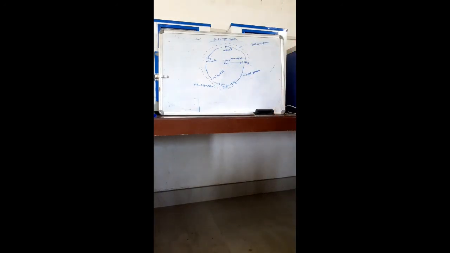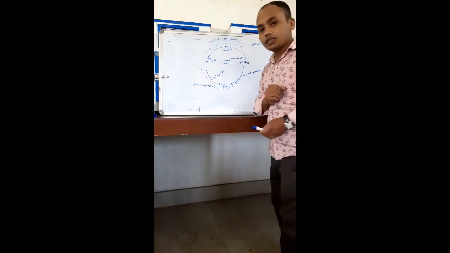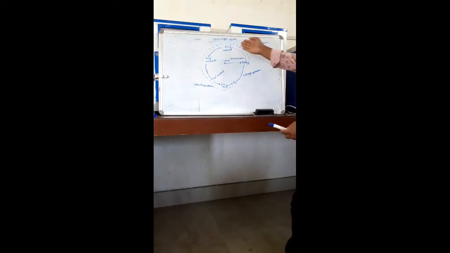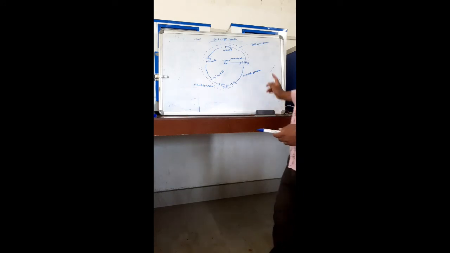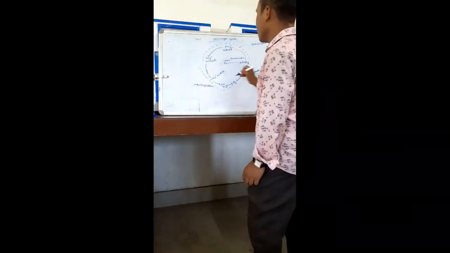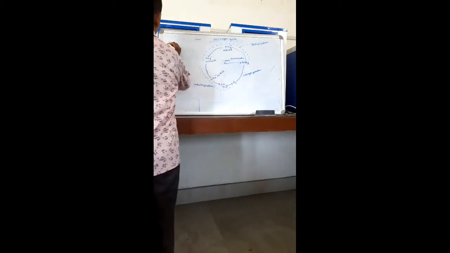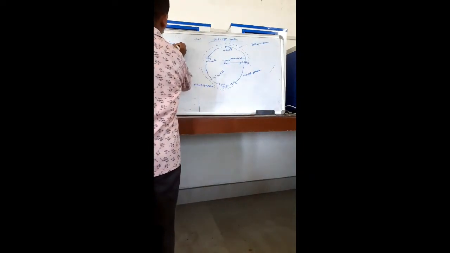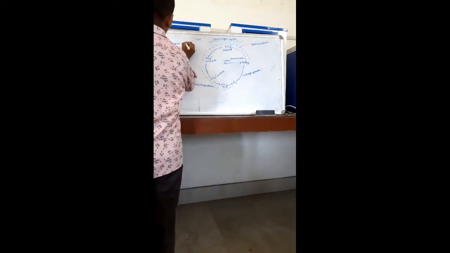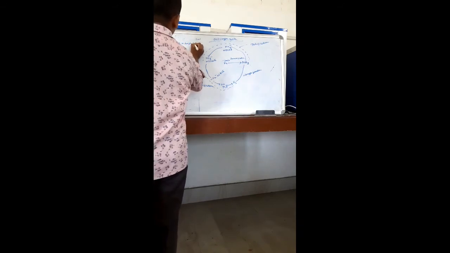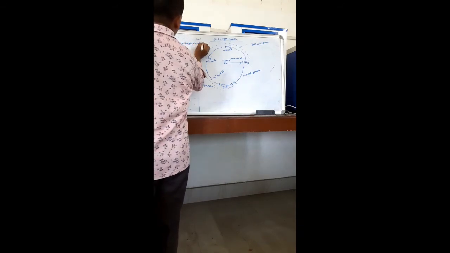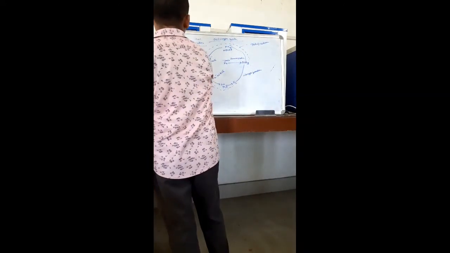Various kinds of microorganisms are involved during these processes of the nitrogen cycle. First is biological nitrogen fixation. From inorganic nitrogen molecules, it produces ammonia.